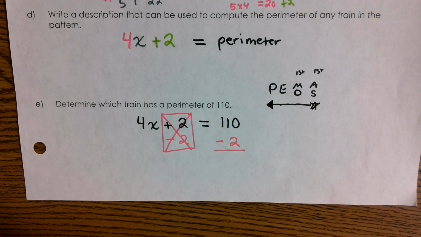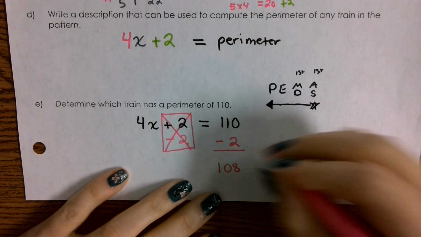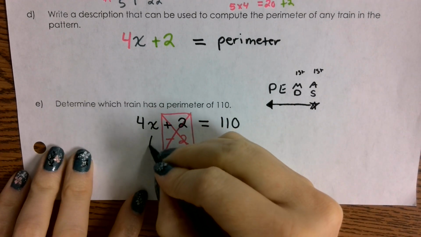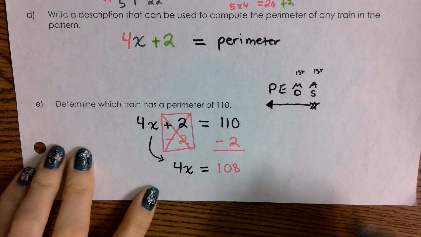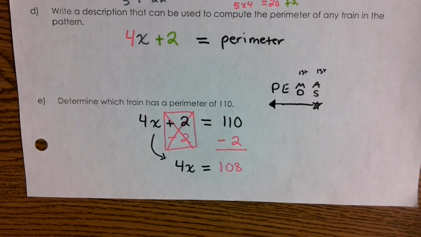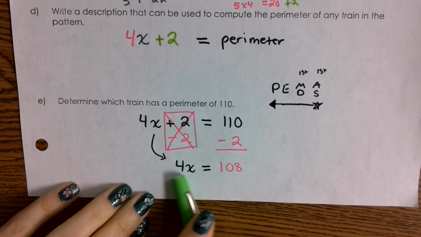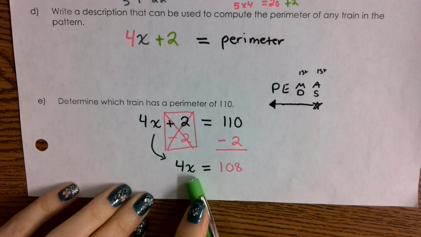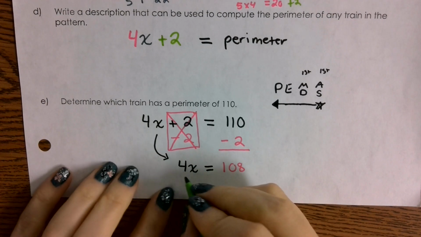So what's 110 minus 2? 108. Okay, now we can bring down the rest of this. We've got 4x is now equal to 108. It's now a one-step equation. This is currently showing multiplication, right? 4x is the same thing as 4 times x. So what is the inverse for multiplication, guys? Say it loud. Division.